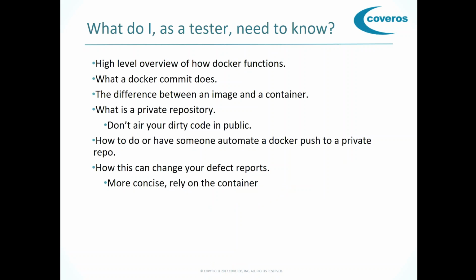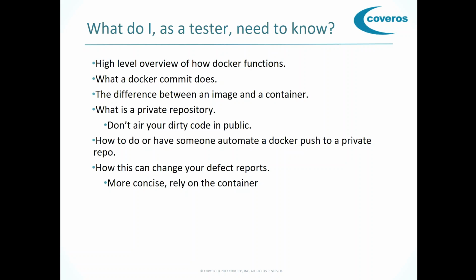So as a tester, what do I need to know? Since this was a testing conference and I'm introducing the testers to Docker, basically what I'm telling them is you need to have a high-level overview of how Docker functions so that you can adjust your test strategy accordingly. What a Docker commit does, not necessarily how to do one, the difference between an image and a container, what's a private repository, and why that's important.